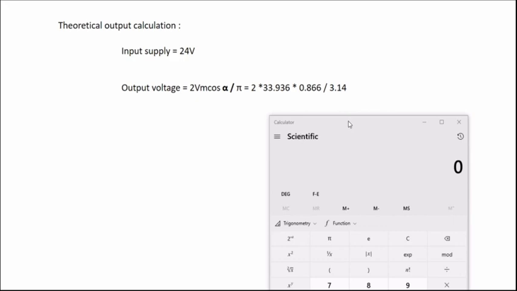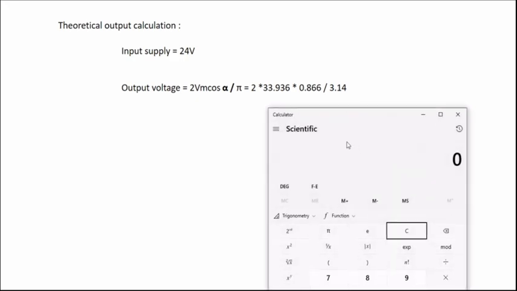Now let's verify the value. We know Vm is 33.936. This is multiplied by 2, and for cos alpha, that is cos 30 degrees, the value is 0.866.